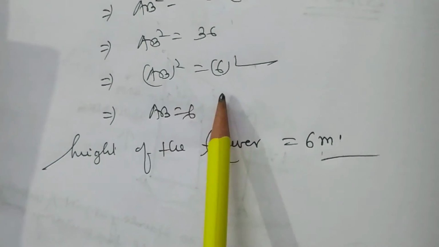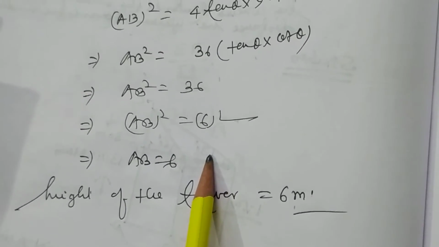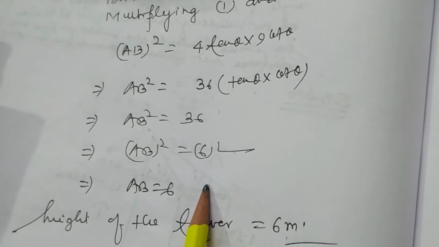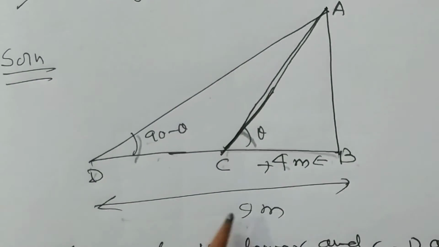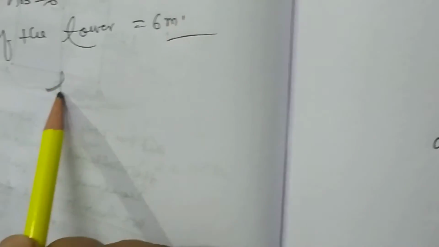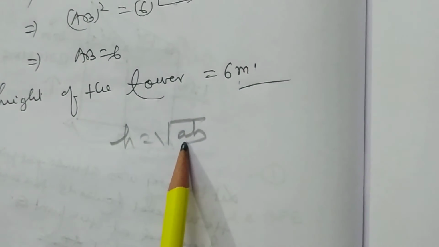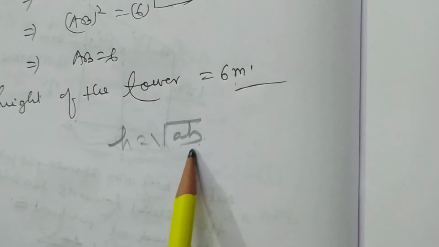Here AB is equal to root over 36, where 9 is the distance from B to D and 4 is the distance from B to C. So instead of 4, suppose A, and instead of BD, 9, suppose B. So what will be the height? H is equal to root AB. So A is equal to 4, B is equal to 9. This is 36. So height will be 6 meter.